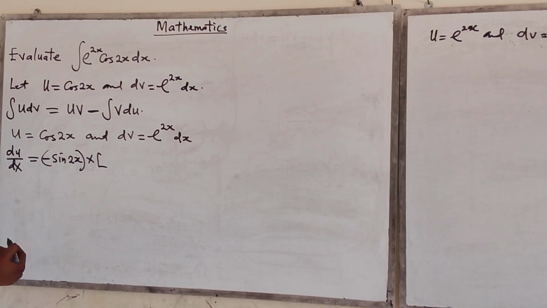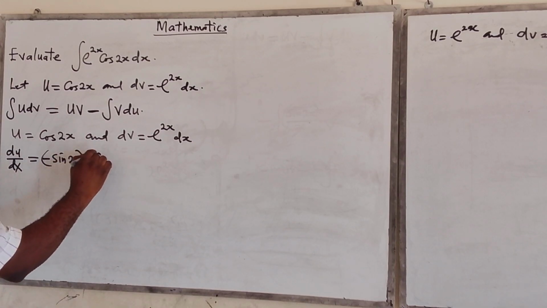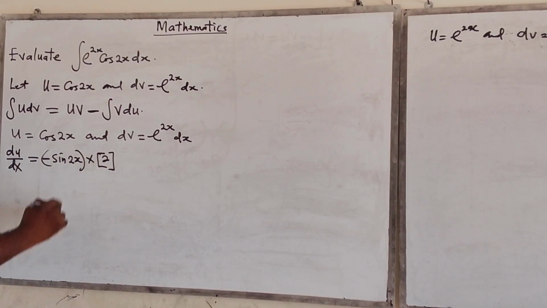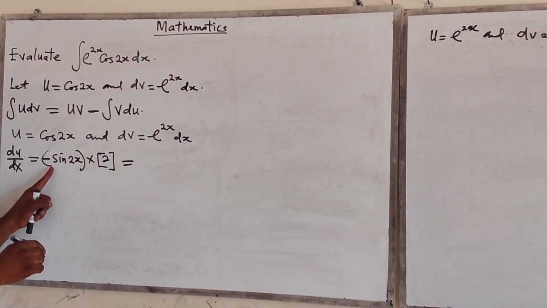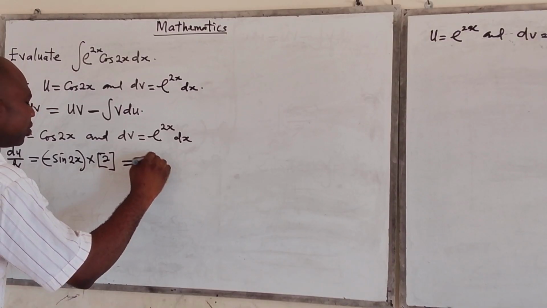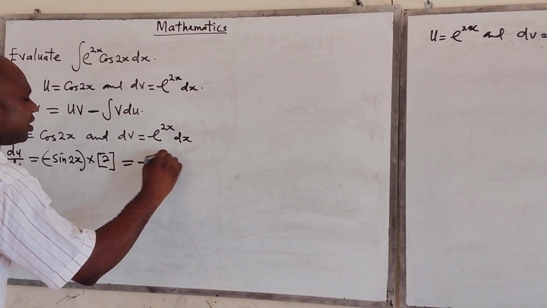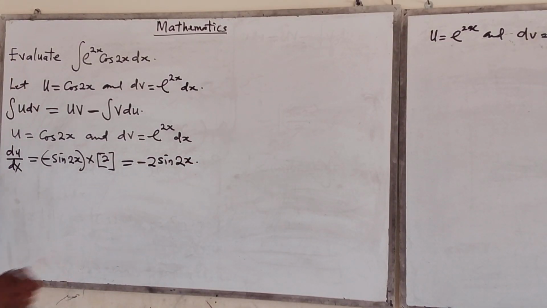Now this function is 2x, so when you differentiate 2x, it gives you 2. So the whole of this will be 2 times minus sine 2x, which gives us minus 2 sine 2x. That's the value of du over dx.